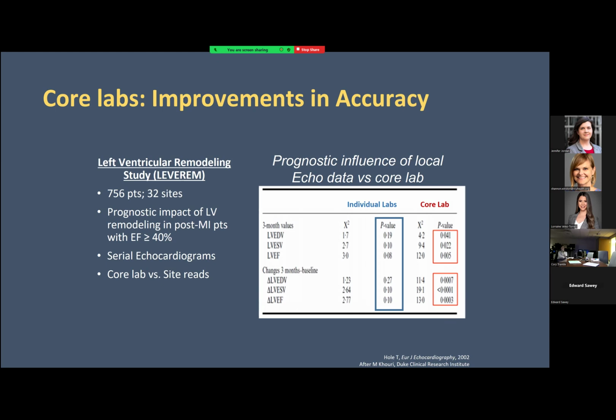But by having the core lab, again, reprocess all of those images that had been done locally, you could see that the variability was reduced such that every single measurement here became statistically significant. So this is a really nice example of how the core lab can reduce the variability and improve accuracy in a study and really change the outcome.